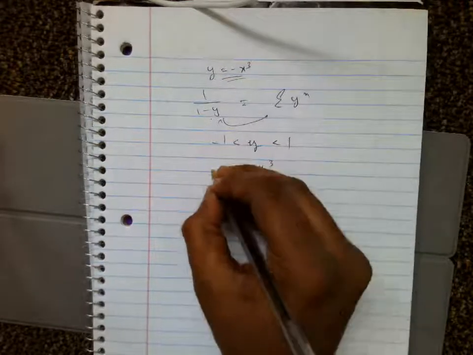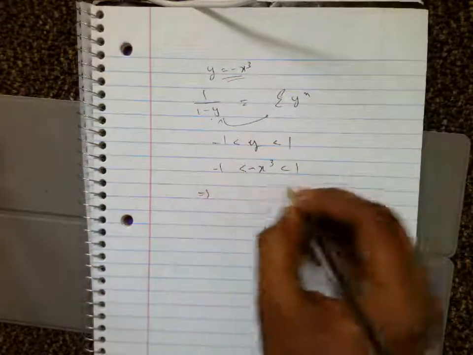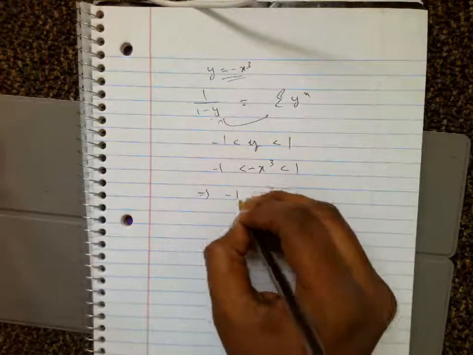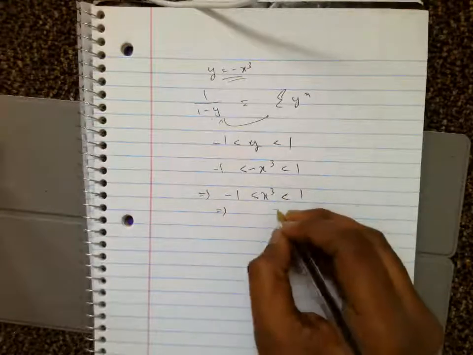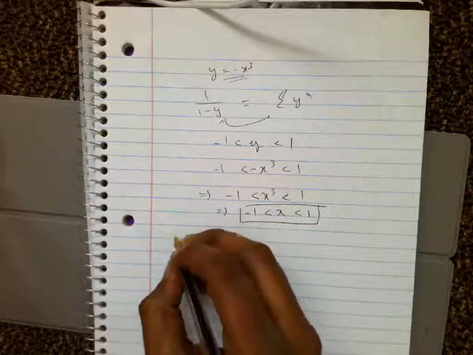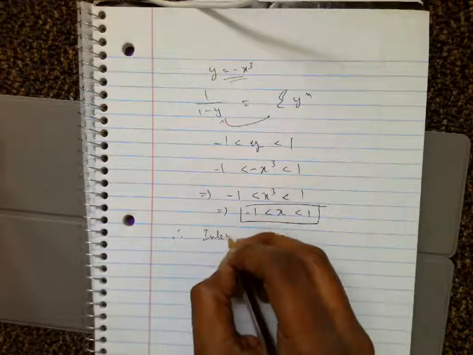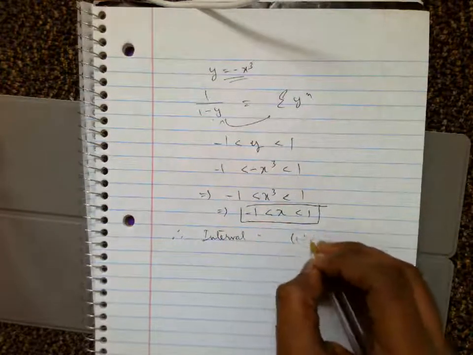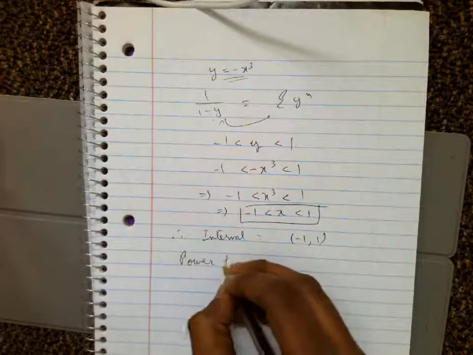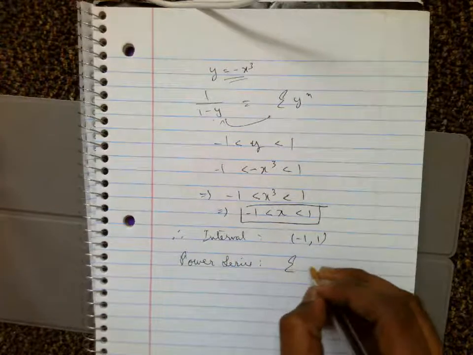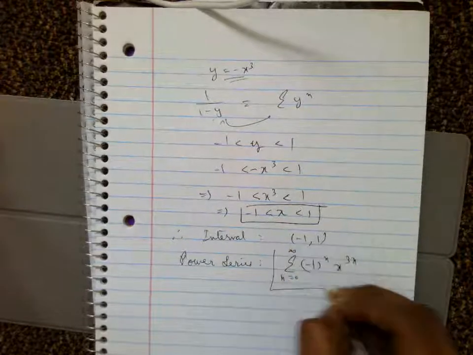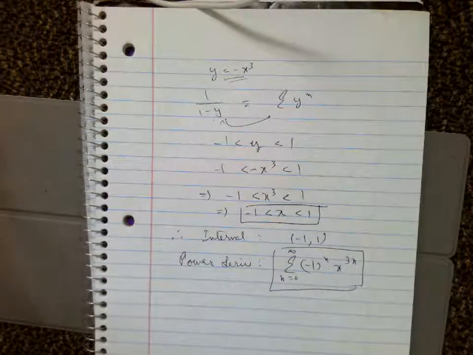That means minus x cube is between minus 1 to 1. So this just means that x cube is between minus 1 to 1, and this means that x is between minus 1 to 1. Therefore, the interval of convergence is minus 1 to 1, and the power series expansion is summation minus 1 to the power n x to the power 3n, running from 0 to infinity. So this is our final answer.